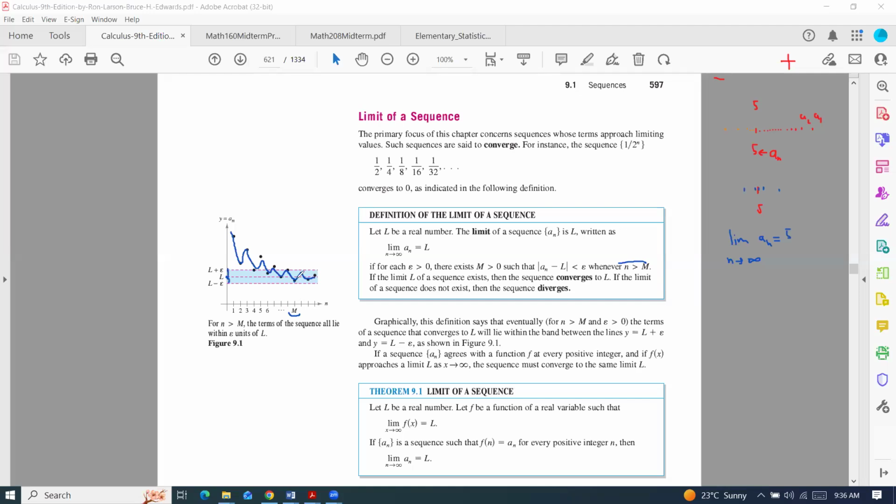So how to write it with inequalities? The difference between the limit L and the term a index n is less than epsilon. That's what it means to be within the epsilon tube. So it's a translation of the picture into an inequality.